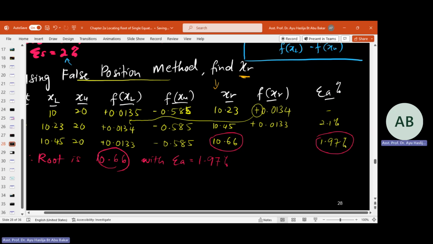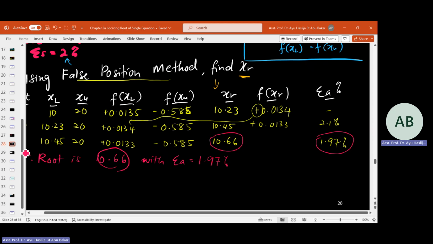Okay, actually for false position, if you can see the gap, the difference between XR and the range is much closer, smaller numbers compared to the bisection. Your bisection, the first XR is 15. You already cut into half. Whereby the false position is closer to the XL, the lower value.